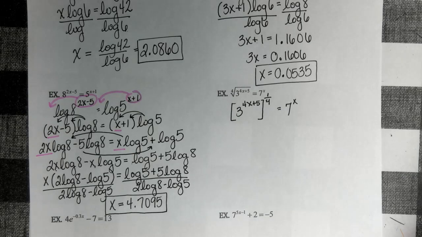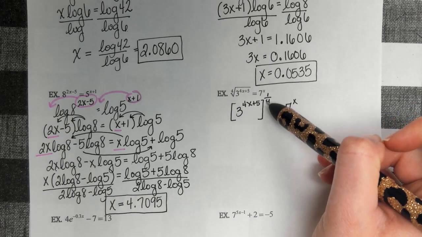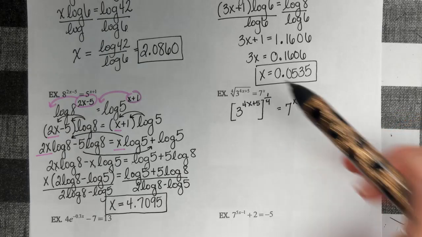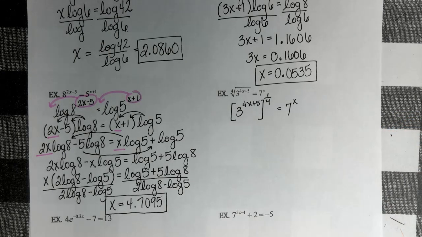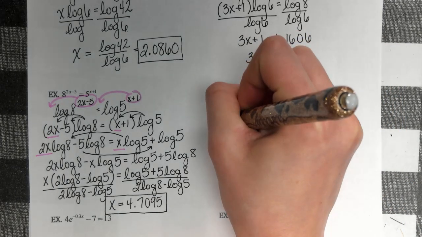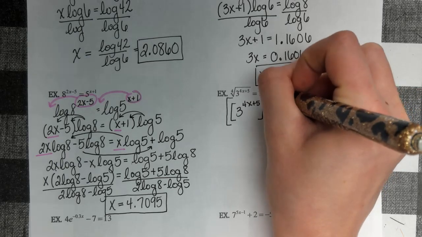Now there's two things I could do here. You could choose to distribute that 1/4 to the 4x plus 5 because an exponent raised to another exponent you multiply. Or, what else could I do? Raise it all to the reciprocal power, which would be 4.